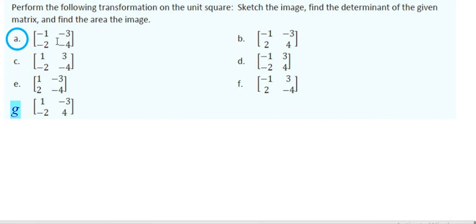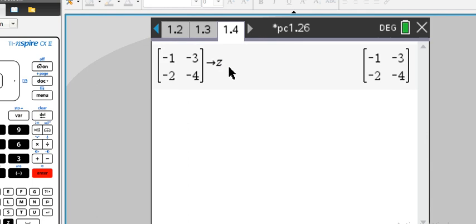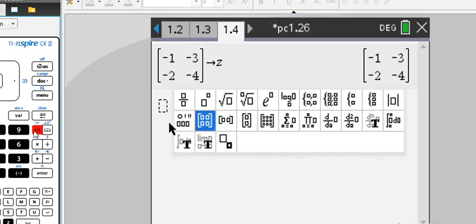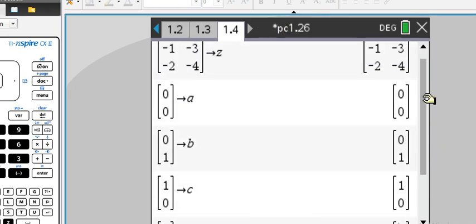So I'm going to take this matrix and store it in my calculator as Z. So I store this matrix as Z. Next, I want to store the 4 points on the unit square as A, B, C, and D respectively. So there's my points A, B, C, and D stored in my calculator.